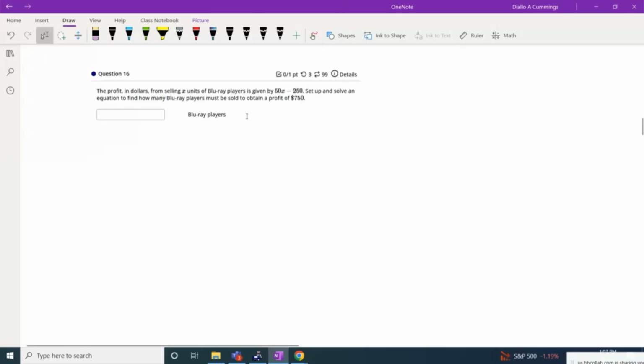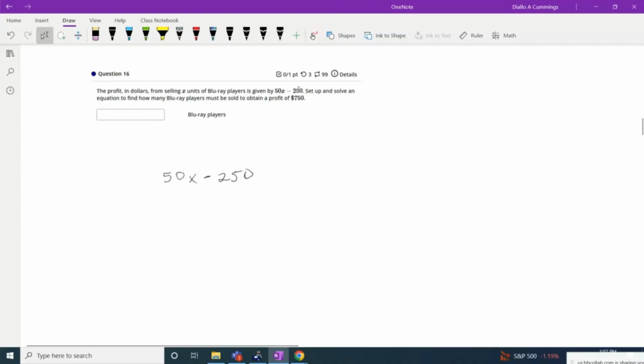So they give us the equation for selling Blu-ray players, which is 50x minus 250. We want to know how many Blu-ray players must be sold.